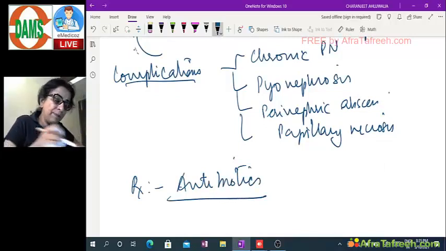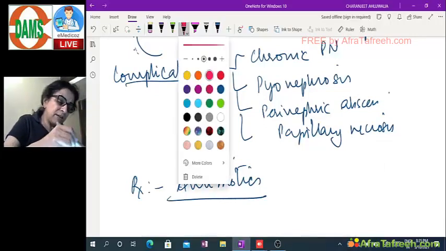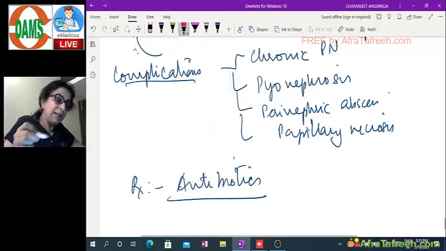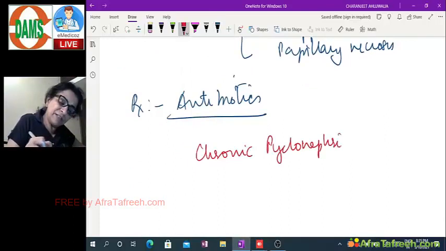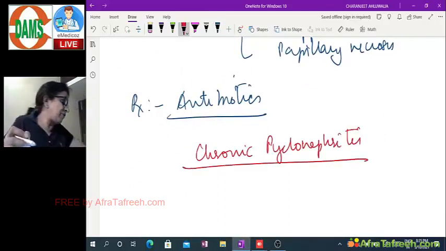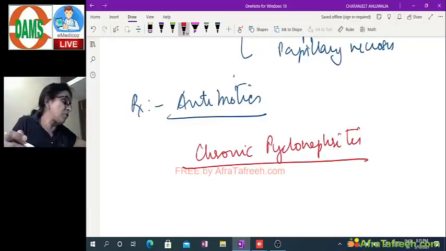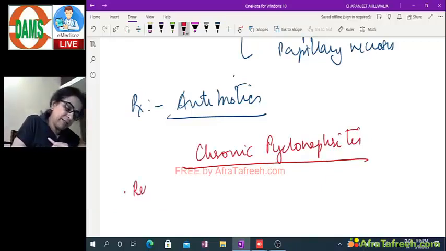Okay, now next entity. These are simple. Next is chronic pyelonephritis. Chronic pyelonephritis is recurrent episodes of acute pyelonephritis.